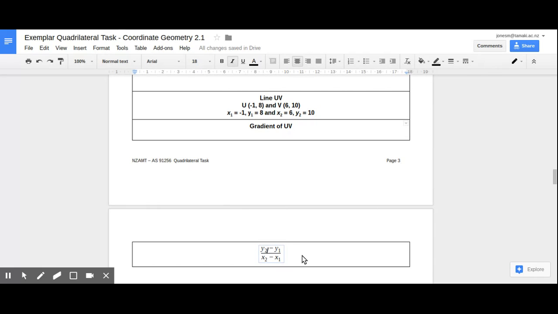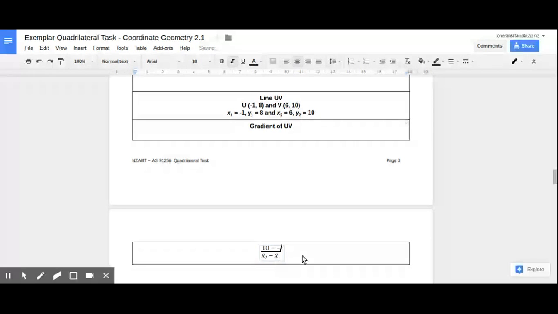So my y2, now you could use y1 first, but then you've got to make sure that you use x1 first in the denominator. Anyway, we're just going to follow this formula. So y2 is 10, y1 is 8, and then our x2 is 6, and then our x1 is negative 1.